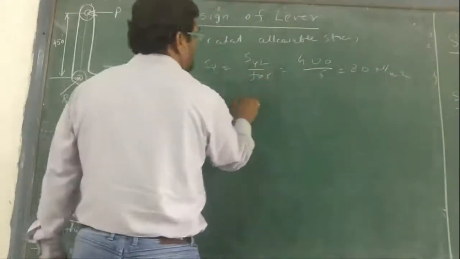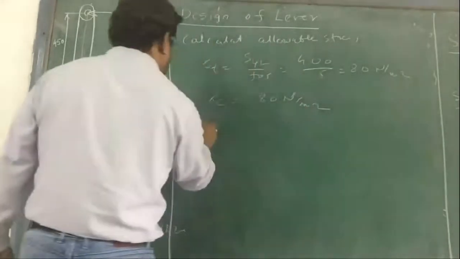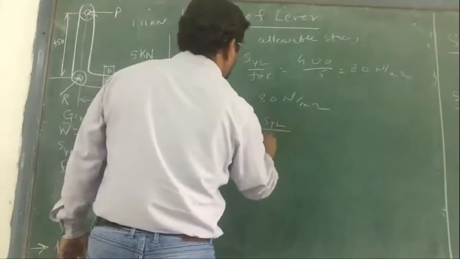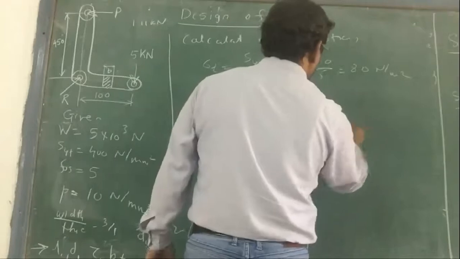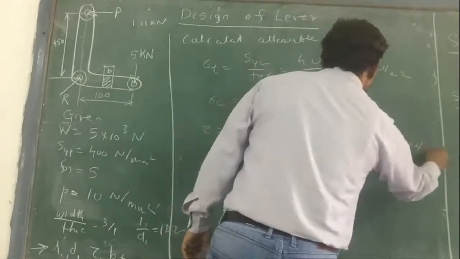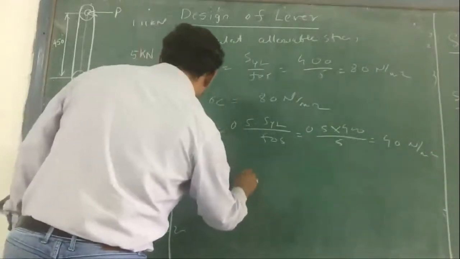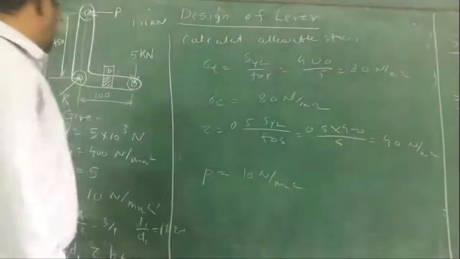Sigma C is consistent with our Newton per mm square, right? So tau is equal to 0.5 into SYT upon FOS. So we get 0.5 into 400 upon 5, which is 40 Newton per mm square. And we already know that the allowable bearing pressure is 10 Newton per mm square. So these are the allowable stresses which we have.